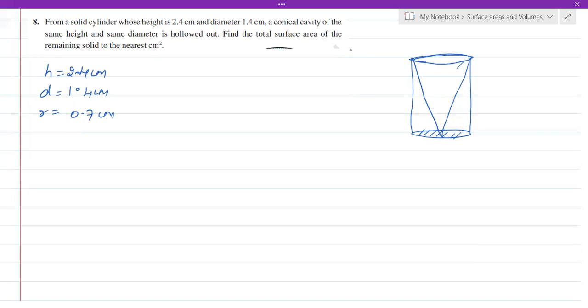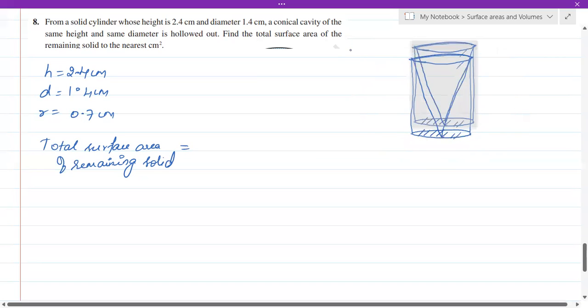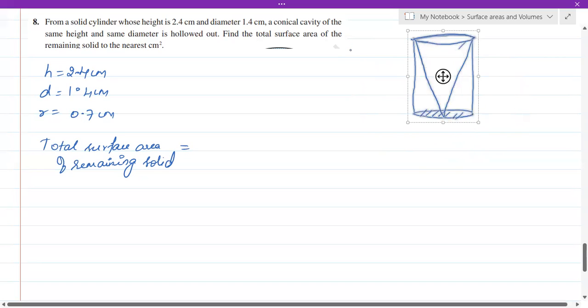The total surface area of the remaining solid will be equal to, now what are the surfaces that are visible to us?